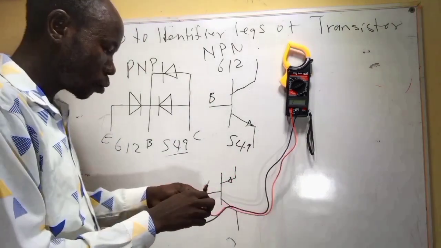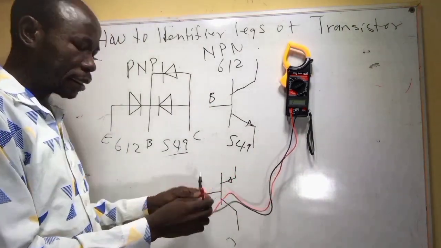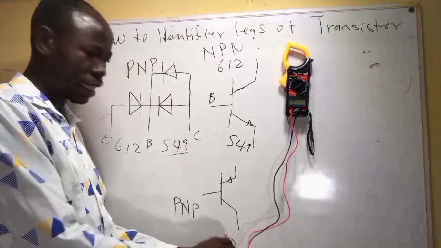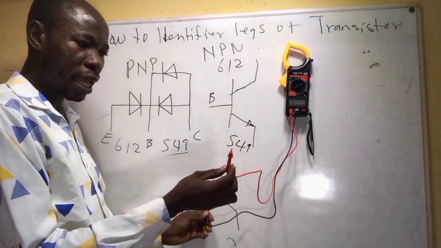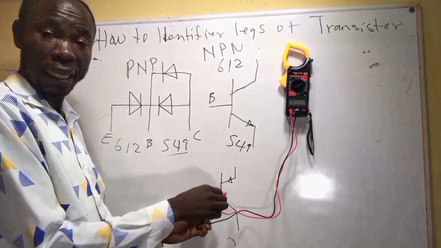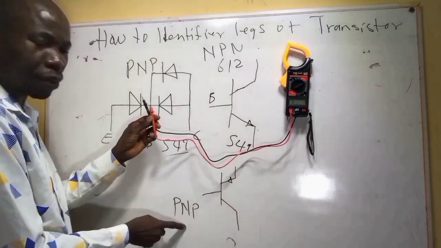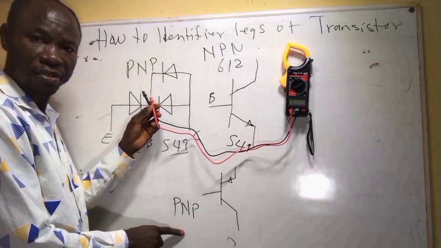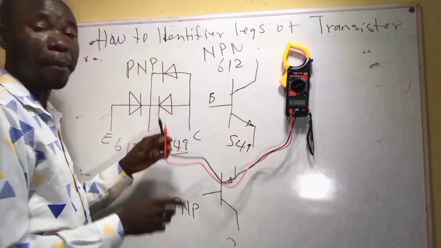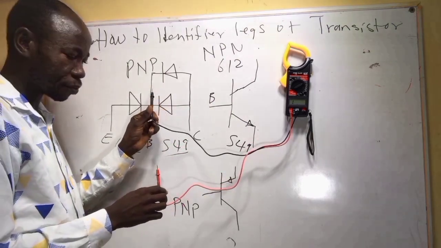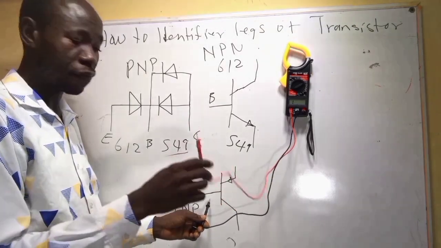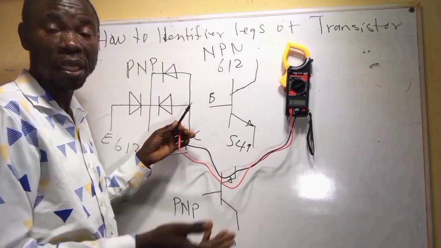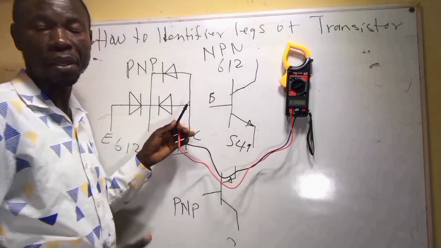Here again, if you place the negative of the digital meter on any one of these leads and the positive reads the two remaining, it means it is what? PNP transistor. So for the PNP transistor, the negative is at the base, the positive reads the two leads across. Then when it reads, it tells you it is a PNP transistor.